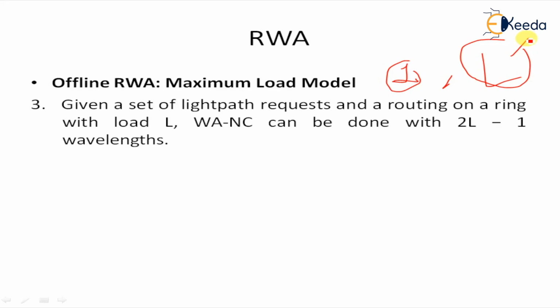Using a particular mechanism to deal with the light paths that may wrap around the edge of the line, we can always assign wavelengths using L additional wavelengths, requiring a total of L plus 1 wavelengths.